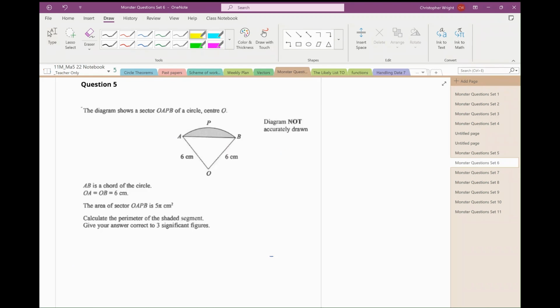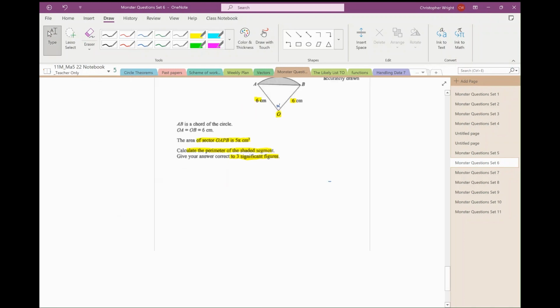Right, I've got a sector of a circle with a center O, so clearly with a radius of 6. I'm told the area of the sector, so that'll be useful, and I'm asked to calculate the perimeter of the shaded segment correct to 3 significant figures. Okay, well, to start off with, let's find the angle alpha.